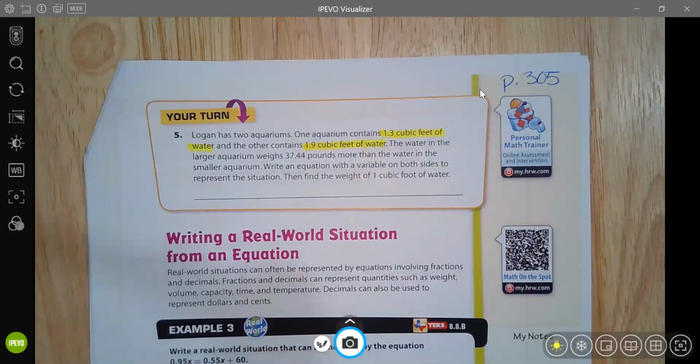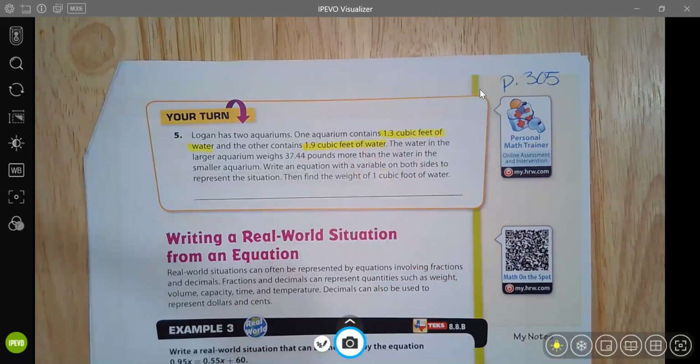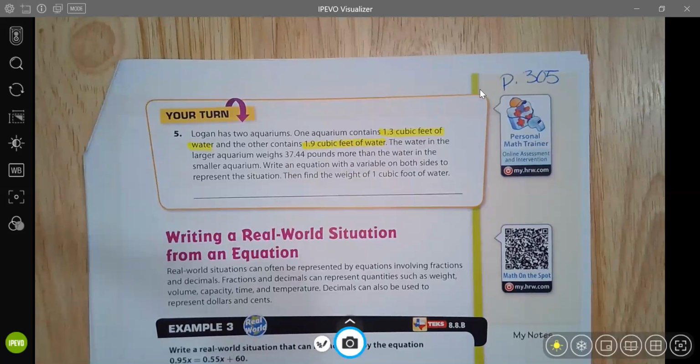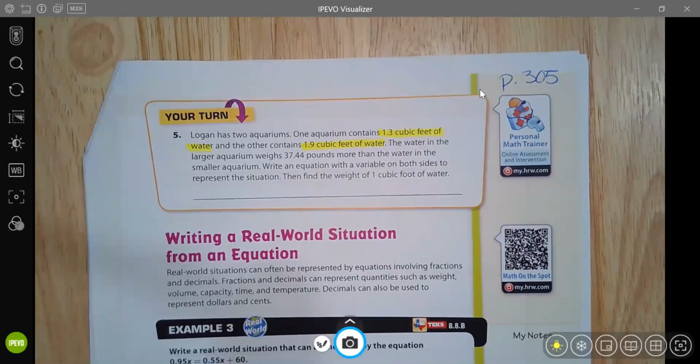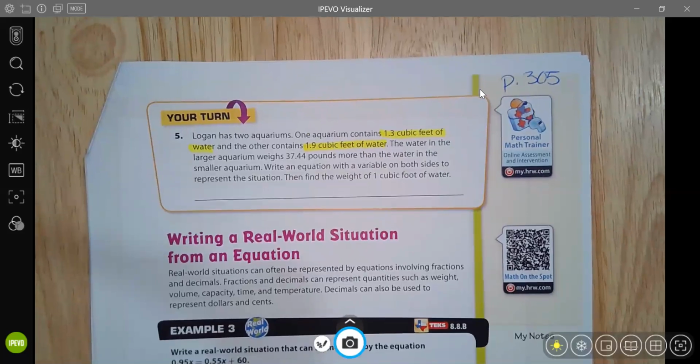Okay, so I think for that one, you might have been tempted to write 1.9x, or whatever your variable was, plus 37.44. But you need to remember that the two sides need to be equal.